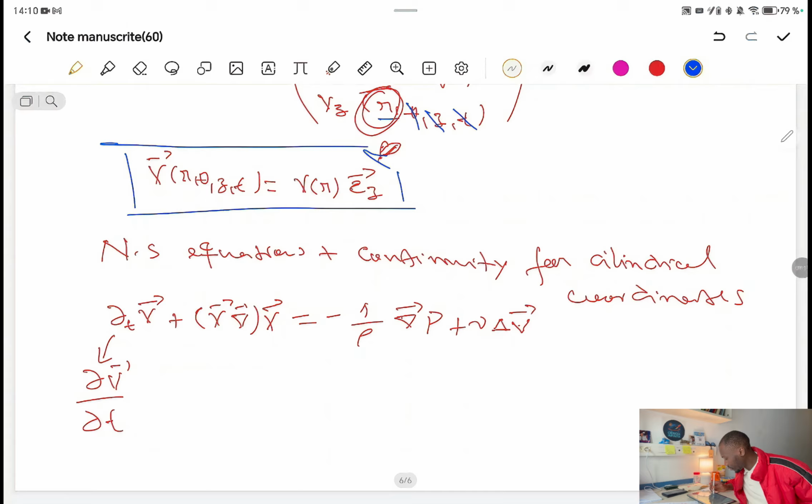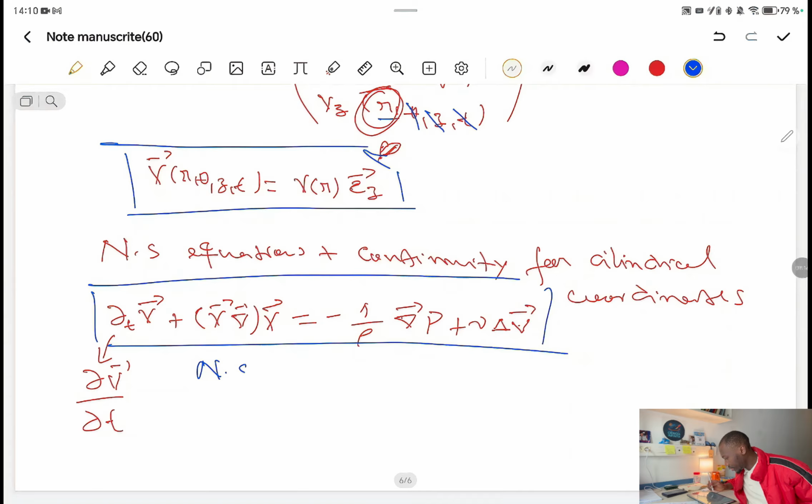That's our Navier-Stokes equation, where there are forces acting.